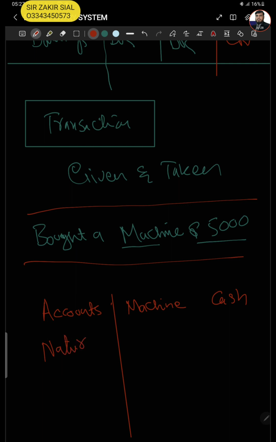Machine is an asset, cash is also an asset. Then we analyze.